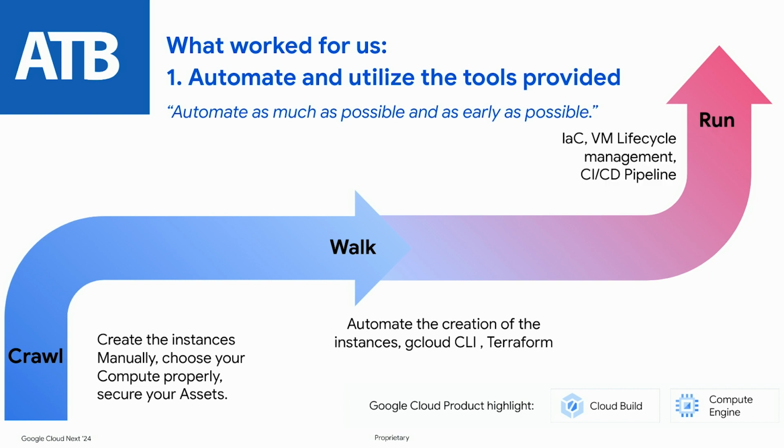And now, a lot of our teams are really running because they are CI/CD integrated, and all of their infrastructure is deployed as code. They are leveraging all the features that make sure our infrastructure and code is validated and approved with audit trails, and its lifecycle management is automated and managed by our scripts and GCP tools.